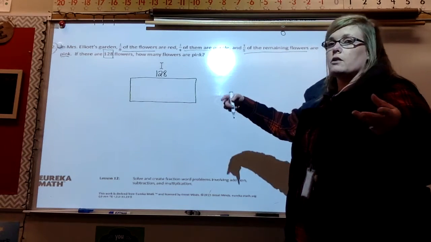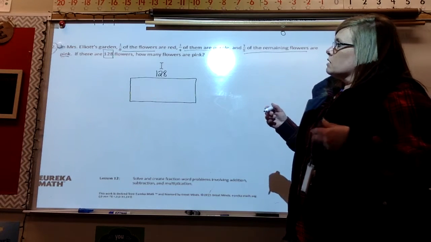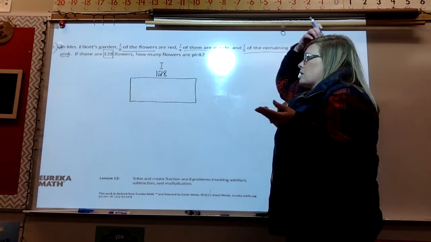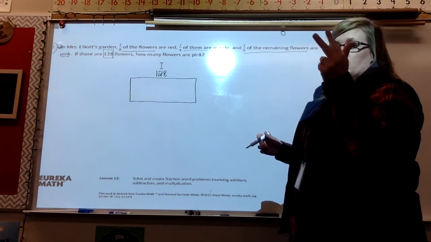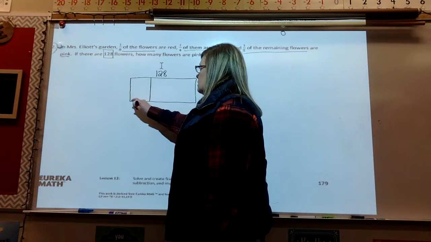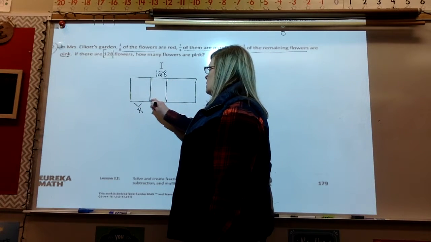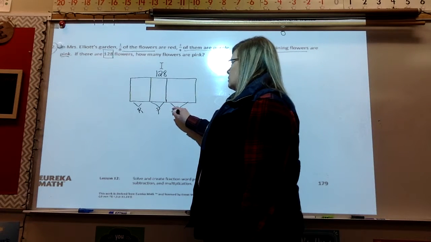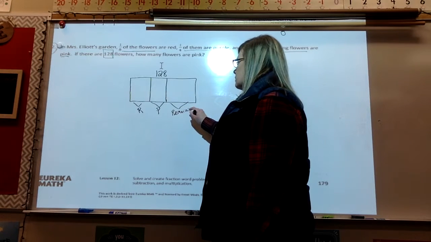So there's probably other colors, like maybe white, maybe orange, maybe yellow, but these are the remaining flowers, and 1/5 of the remaining flowers are actually pink. So red, purple, and the remaining, that means I'm going to need 3 sections. Red, purple, remaining.